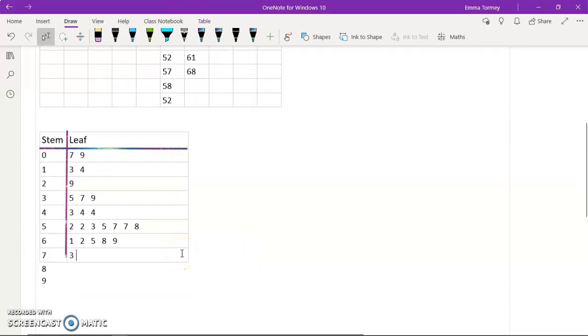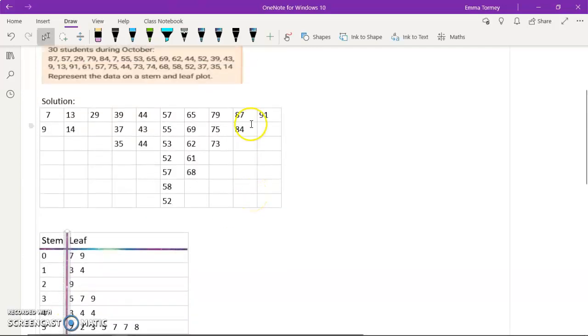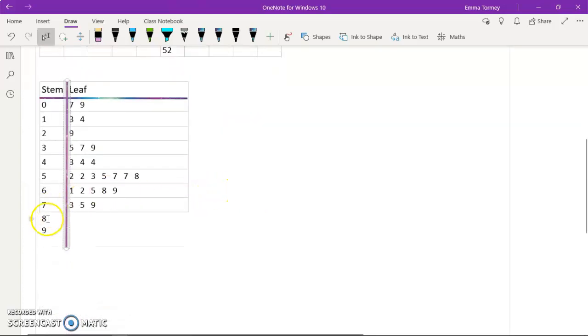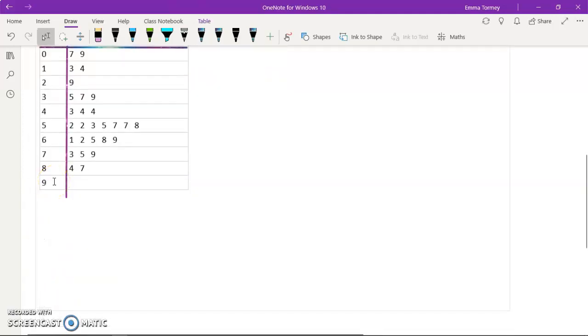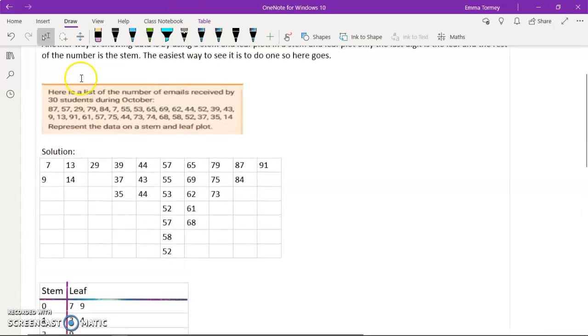Let me make this a bit bigger. Then I'm moving up to my 80s, and I have 84 and 87. And then I just have one 90, and that's 91.